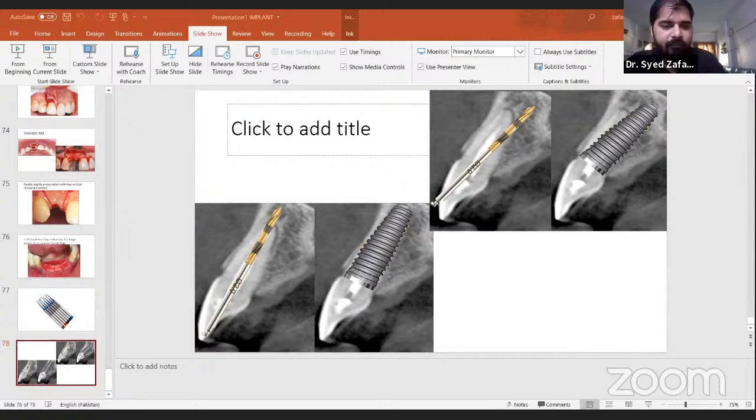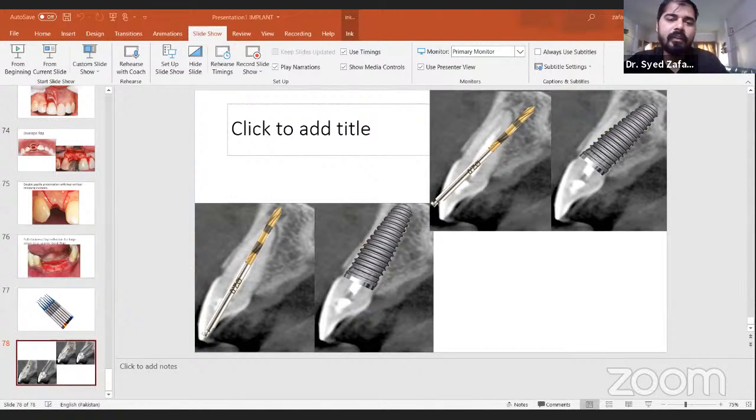You cannot go beyond this margin. Have I already told you, you need a 2 mm safe margin from the canal.